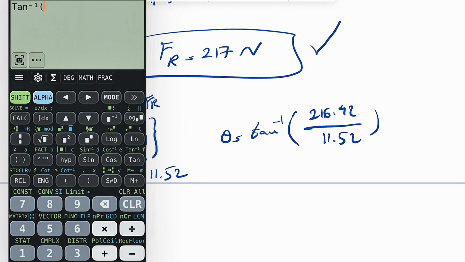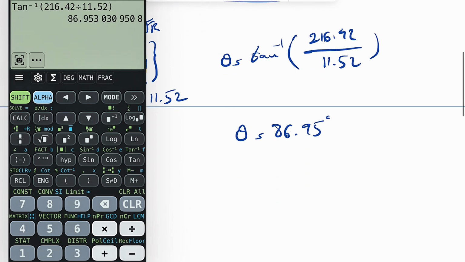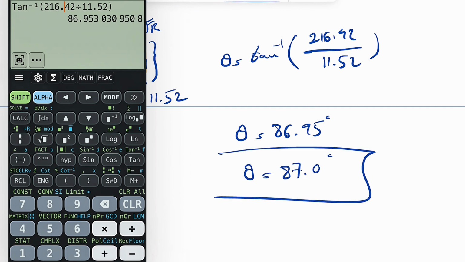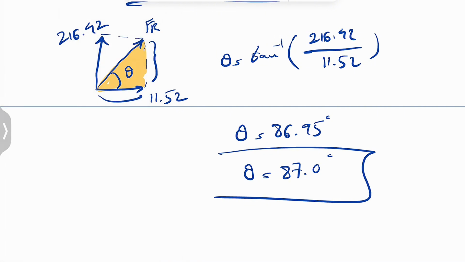So tangent inverse of 216.42 divided by 11.52. Yeah, so the angle theta would be 86.495 degrees. Again, if you want to report it in 3 sig figs, our theta would be 87 degrees.